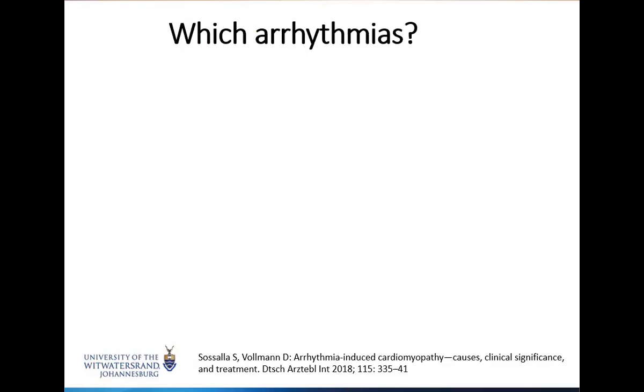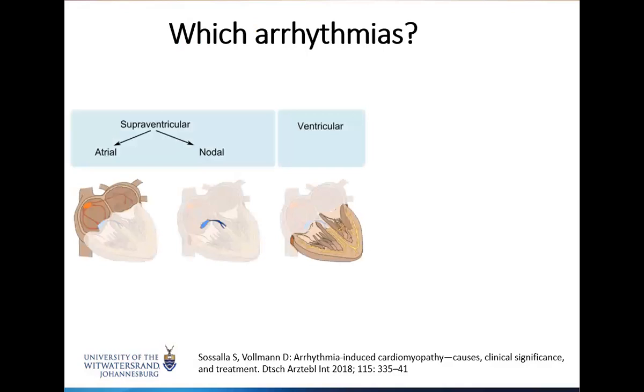Then the next question is, which arrhythmias cause cardiomyopathy? So it's important, first of all, to classify them. When you have a patient with arrhythmia, it can be coming from above the ventricle, which is supraventricular, or below, which is ventricular. And then we further divide supraventricular into atrial or nodal.